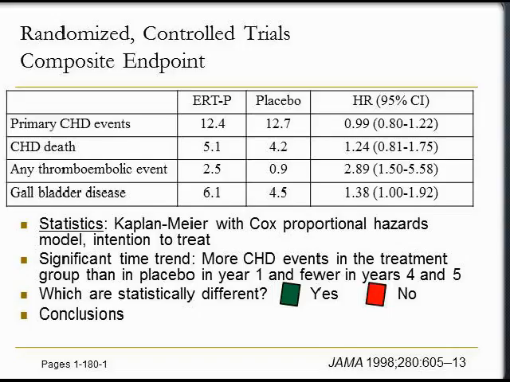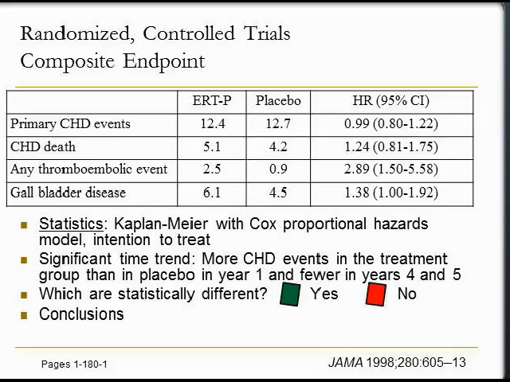So the hazard ratio in this point for primary CHD events, I think you can see the percentage of individuals in the estrogen replacement therapy group is pretty similar to the placebo group in terms of events. And the hazard ratio is pretty close to 1, and 1 is included in the confidence interval in this case. So no statistically significant difference between estrogen replacement therapy and placebo.